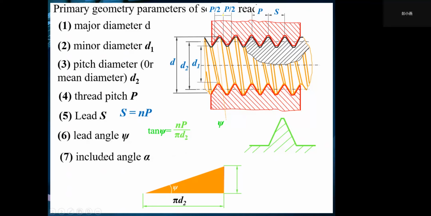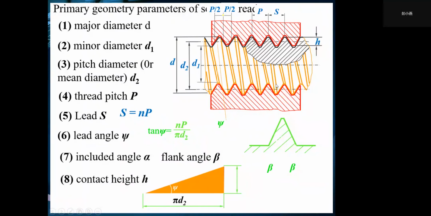The included angle or thread angle alpha is there, and the flank angle beta is half of alpha. The contact height H is the radial distance between the major diameter and the minor diameter.